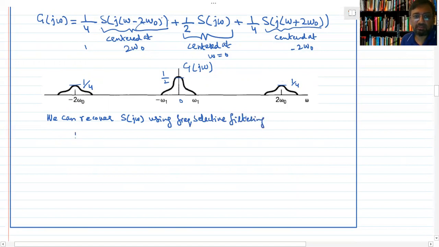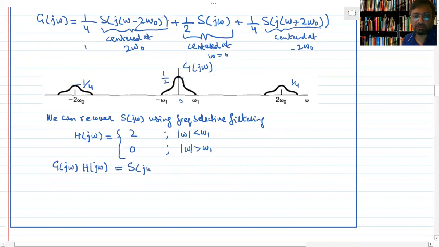If we design a filter with frequency response Hj omega equal to 2 in this frequency band and 0 outside these frequencies, then Gj omega multiplied by Hj omega will give us Sj omega, and this is the convolution property.